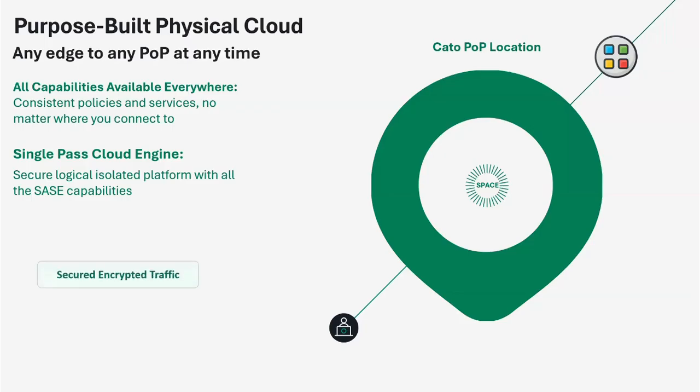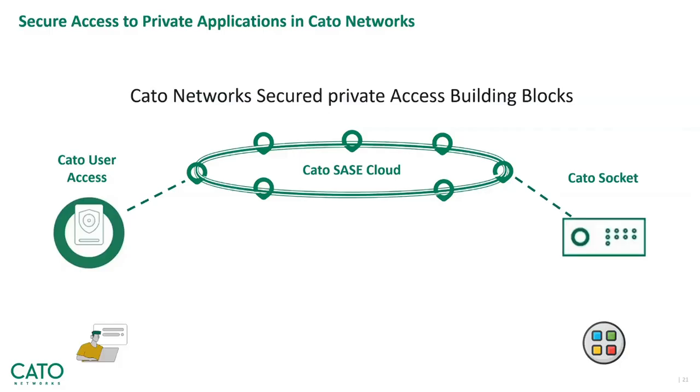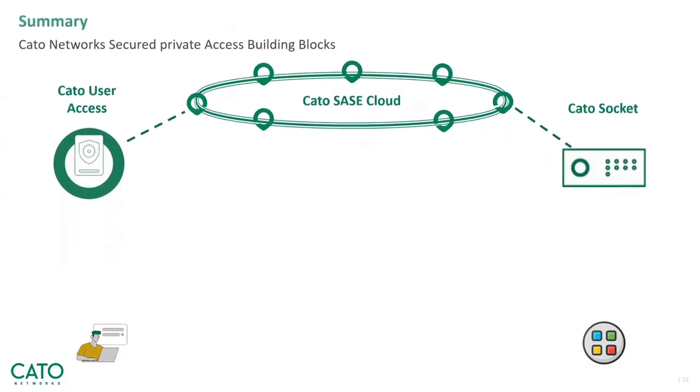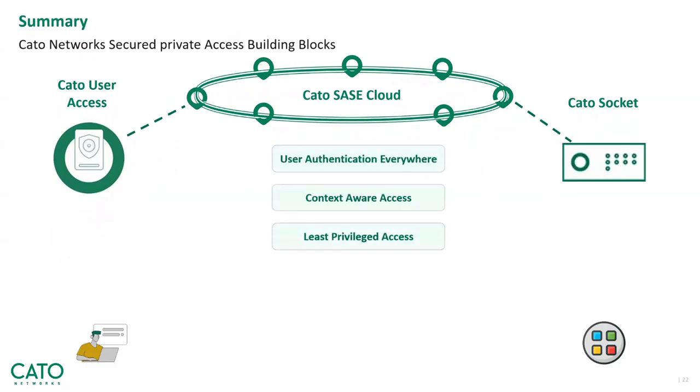So this also covered the secured and encrypted traffic, which was the fifth key principle of the universal ZTNA solution. So with that, we can summarize that we saw how the different CATO models, the user access, the CATO socket, and the cloud, were designed and built from the ground up to answer the key principles of universal ZTNA that were listed.